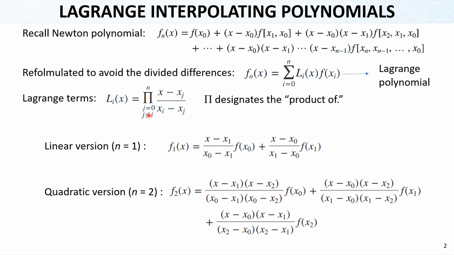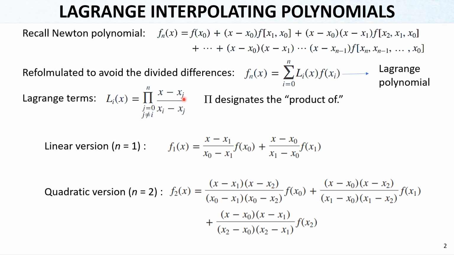So this product comes into place when we have more than 2 data points, with i and j. You can see here x0 is i, and there are 2 data points different from i, because for the quadratic version we need 3 data points, x0, x1, and x2. So x0 is this, and x1 and x2 are the subtractions from that.